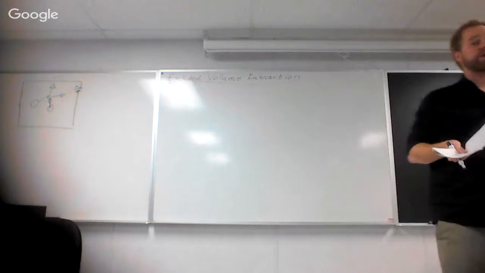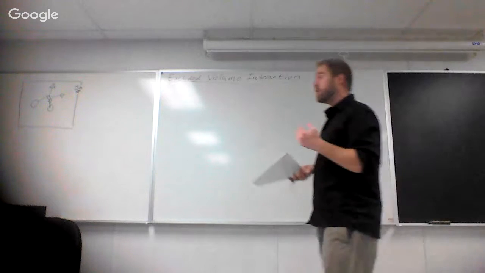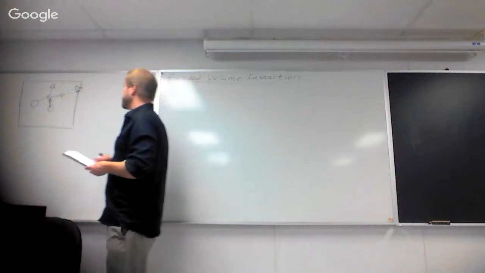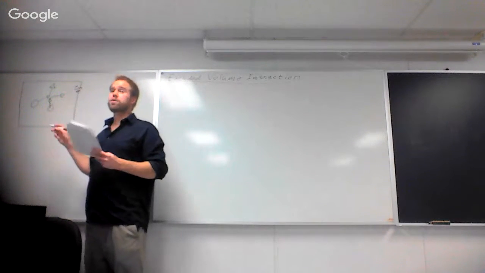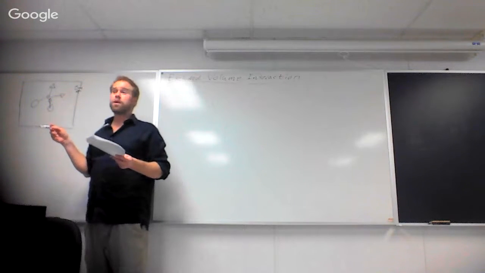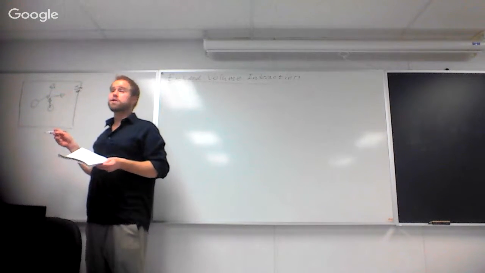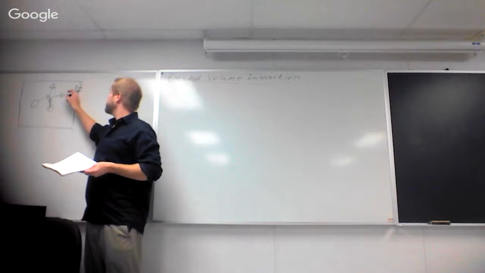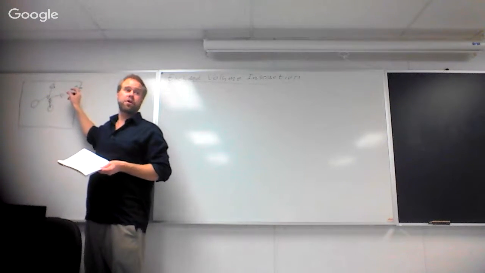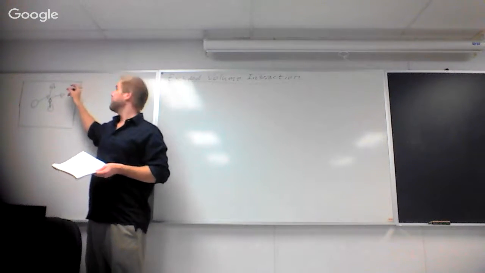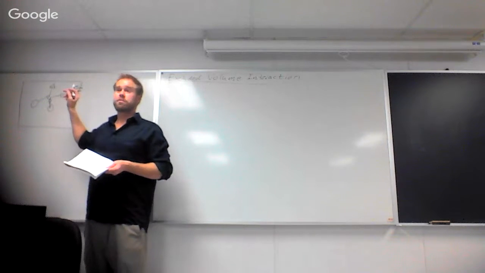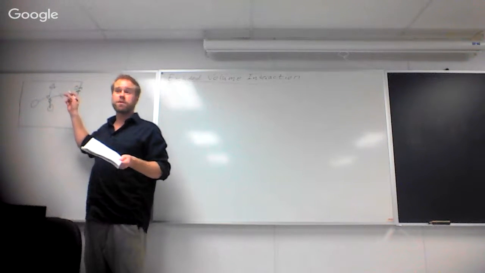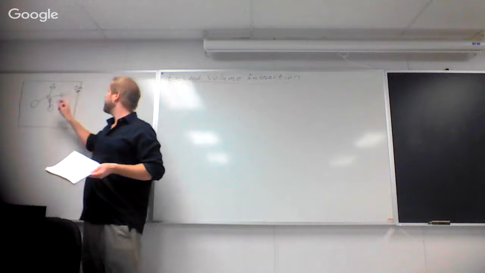So there's a couple of things we could do. We could do what we did with the wall, which is using conservation of momentum. If you have a perfectly elastic collision between some object that has some mass and another object that has infinite mass, the one object just bounces off of it. It'll have the same velocity but in the opposite direction. We could do the same thing here.